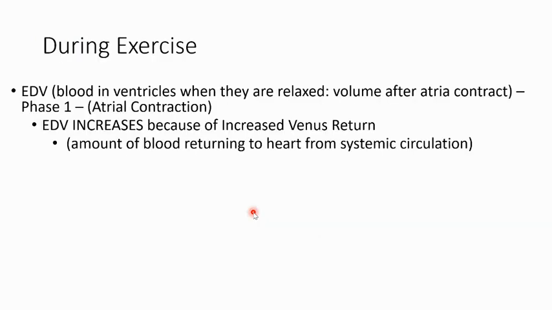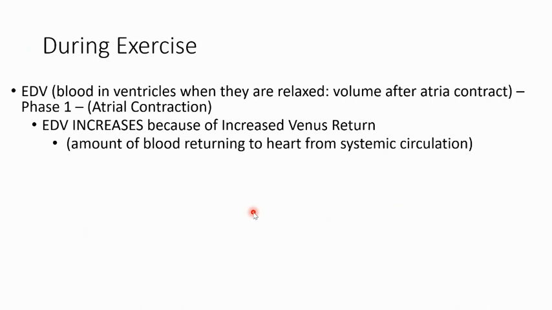During exercise, end diastolic volume, that's the blood in the ventricles when they're relaxed, the volume after the atria contract. So the atria push the blood into those ventricles, completely filling them up. This is going to be atrial contraction. Right at the end of atrial contraction is when that end diastolic volume is going to be recorded. Now, end diastolic volume is going to increase because of increased venous return. Basically, you're getting more blood flow back into the right atrium from the inferior and superior vena cava.